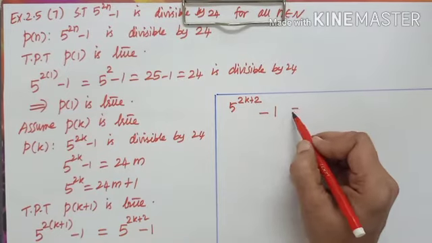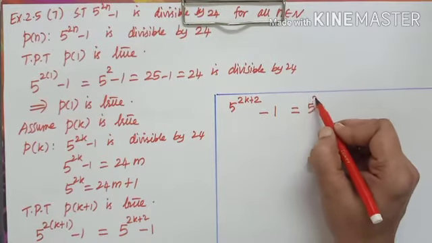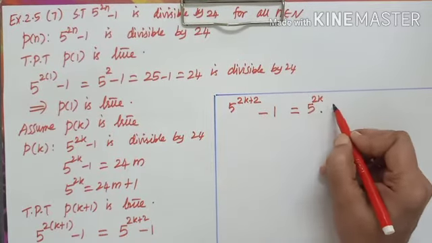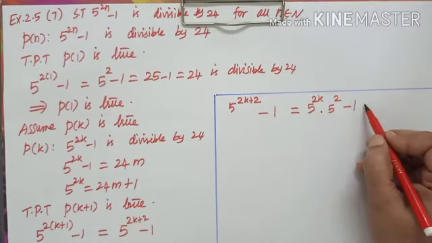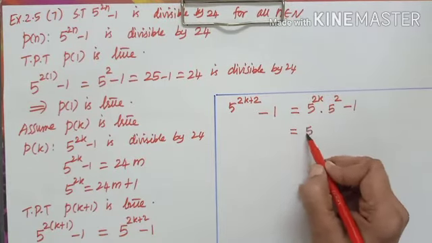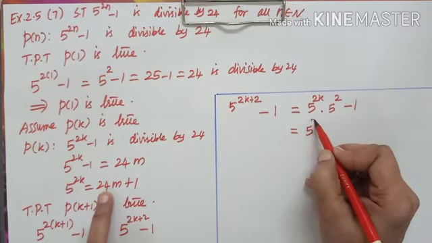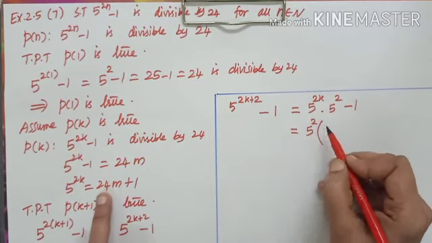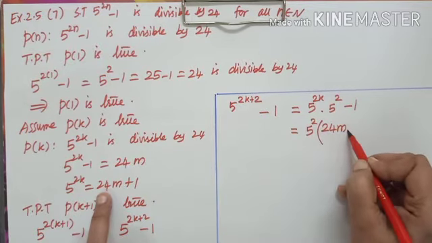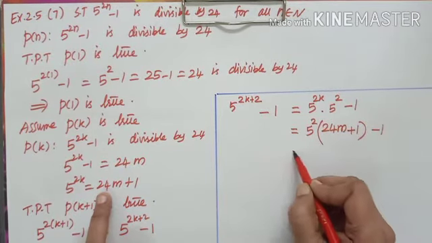Or I can further write this as 5 power 2k into 5 power 2 minus 1. Or it is 5 power 2k, I can substitute from here. 5 square into 5 power 2k is 24m plus 1, minus 1.